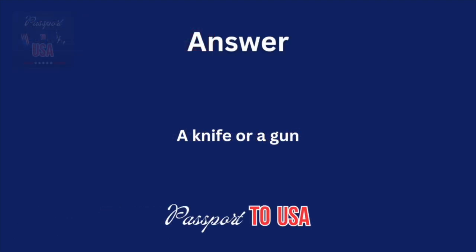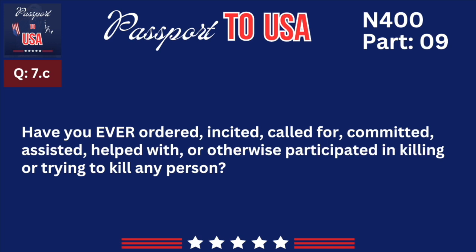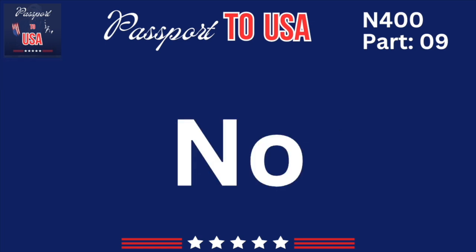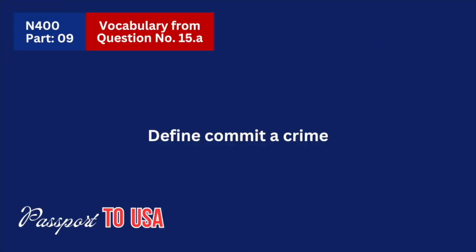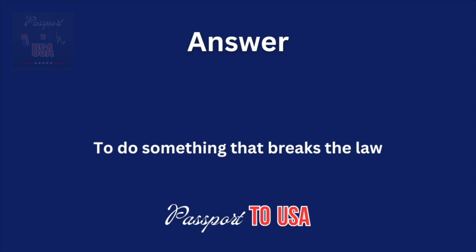A knife or a gun. Have you ever ordered, incited, called for, committed, assisted, helped with, or otherwise participated in killing or trying to kill any person? No. Define commit a crime. To do something that breaks the law.